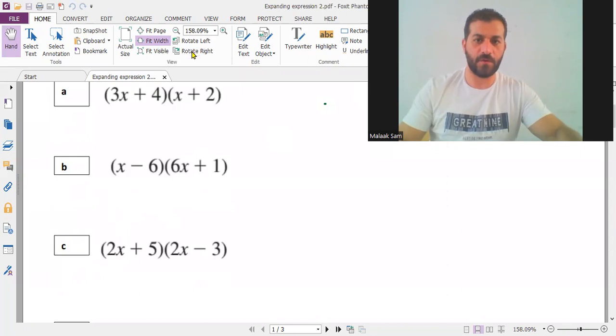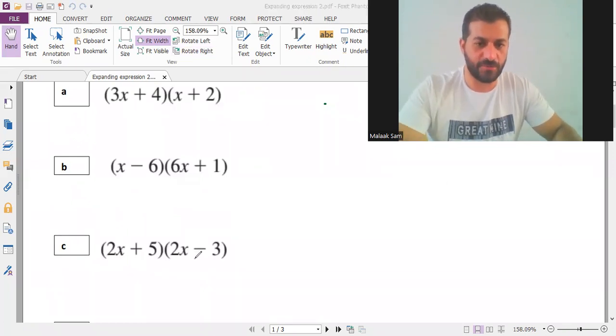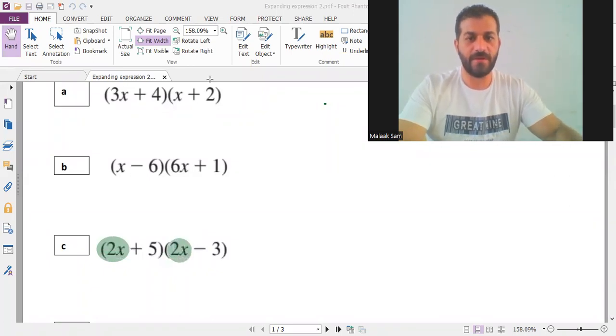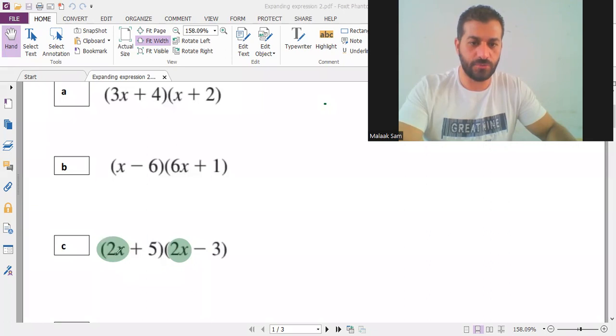This one, which is 2x plus 5 multiplied by 2x minus 3. Determine the first, 2x and the first is 2x. Okay, multiply the first term by the first term. 2x multiplied by 2x, 2 times 2, it's 4x squared.